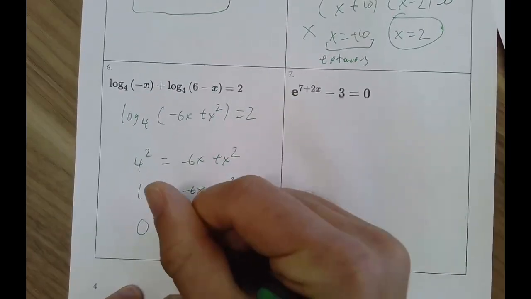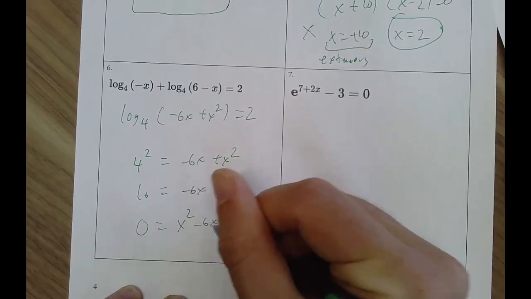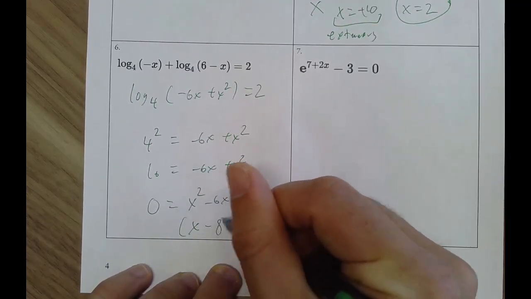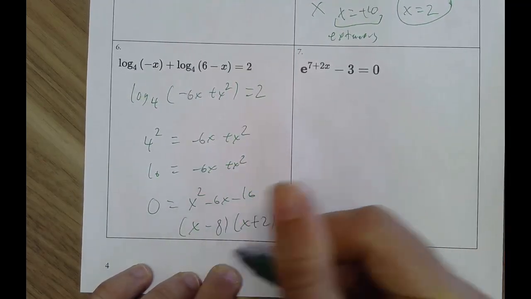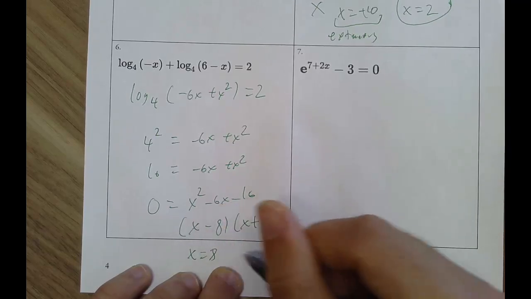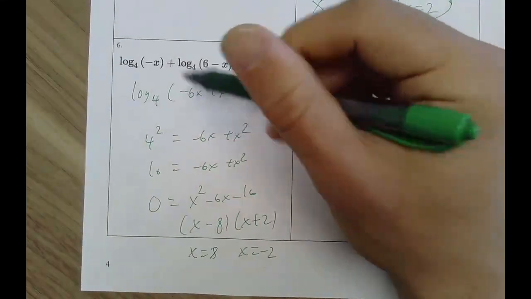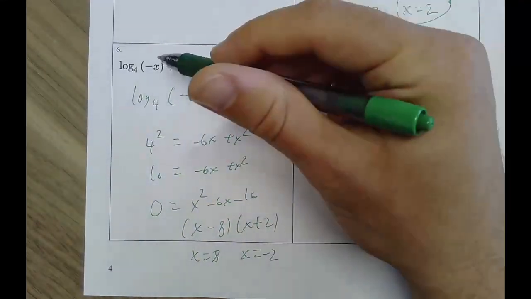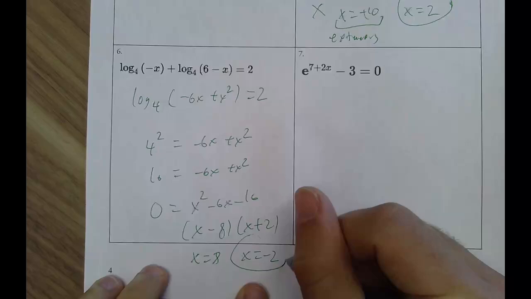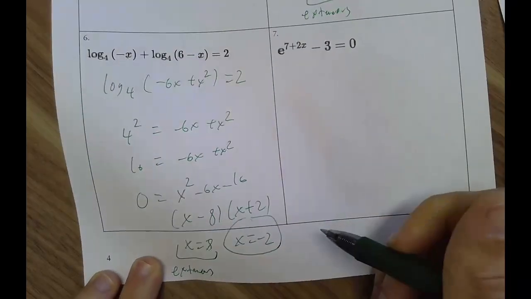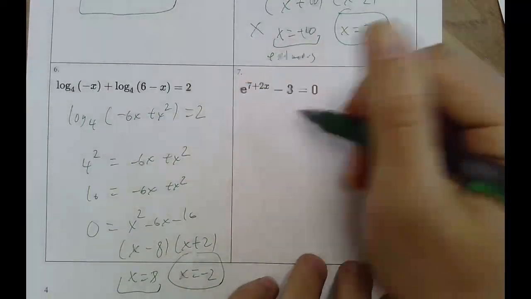We're going to rewrite this as 0 equals x squared minus 6x minus 16. My factors then are x minus 8 and x plus 2. So my solutions are x equals 8, x equals negative 2, but 8's not going to work because of the negative right here. Negative 2 does work. So this is my only solution. This is extraneous.